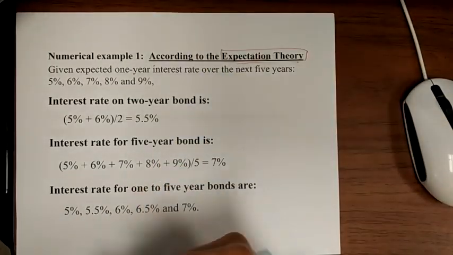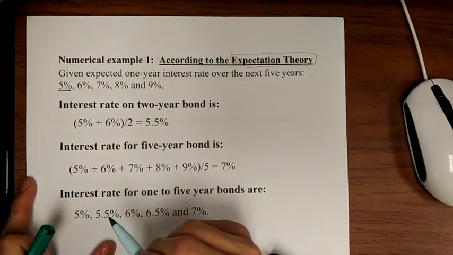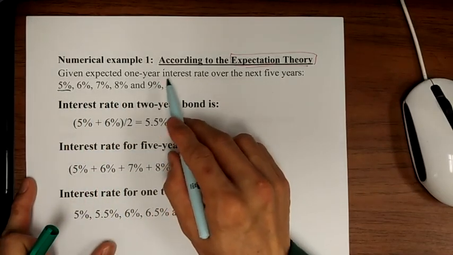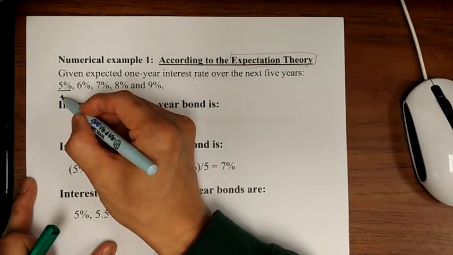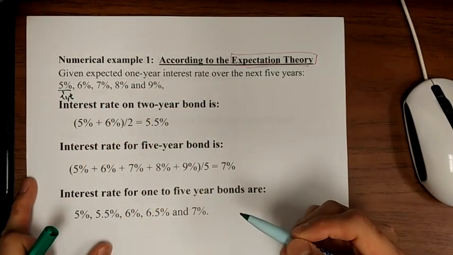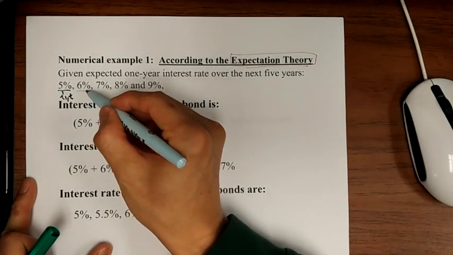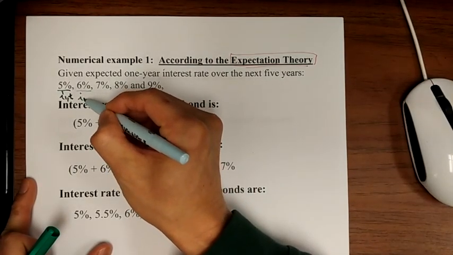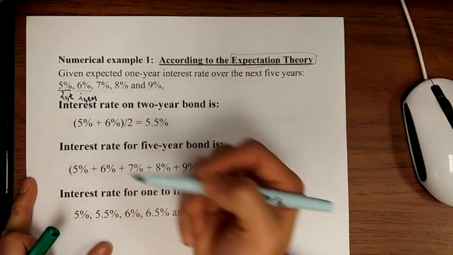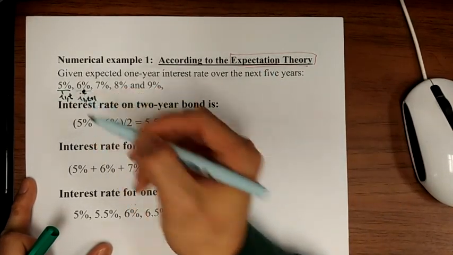What is the notation of this 5%? The answer is this is the first 1-year bond interest rate. So it is the 1-year bond interest rate today. What's the next 1-year bond interest rate? The answer is I1T plus 1. But you don't know that today, so this is the expected.